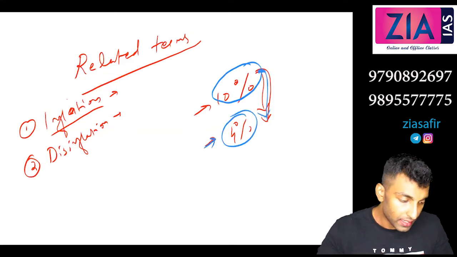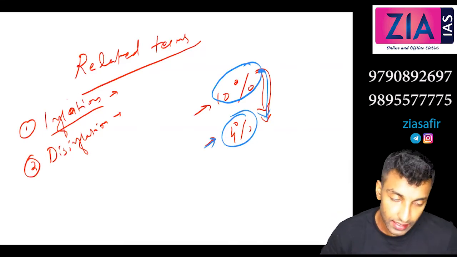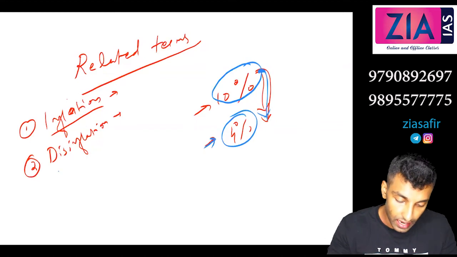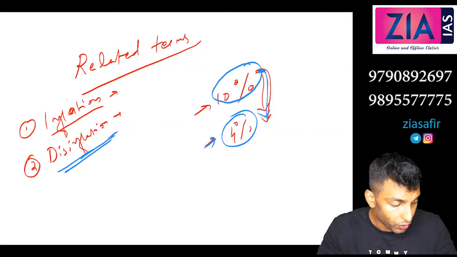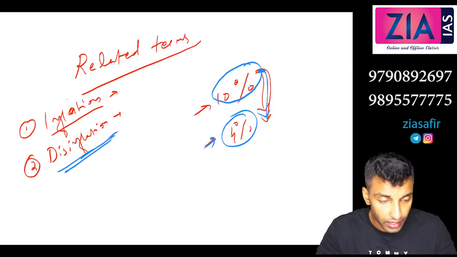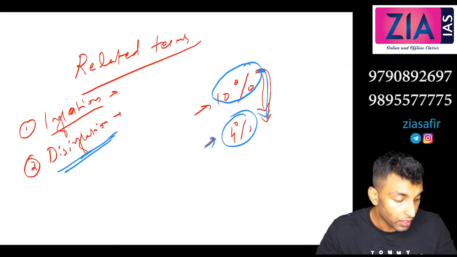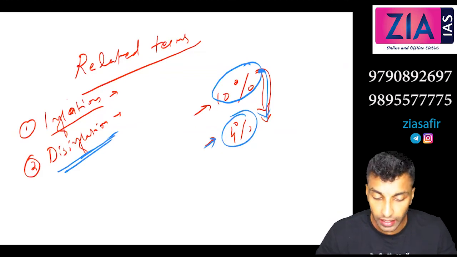Now is this considered desirable? Yes, this is considered desirable. Disinflation is actually considered desirable, as you can understand from what I've told you. It is a reduction in price level, but at the same time not having adverse impact on national income, etc. It also enables RBI to cut the interest rates.